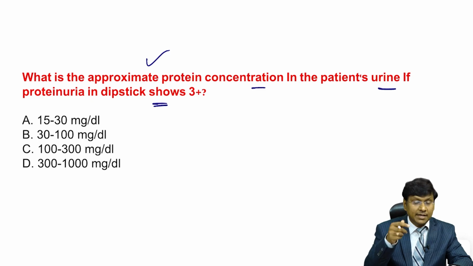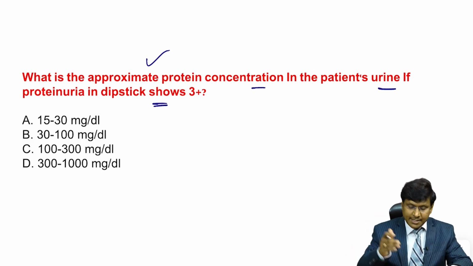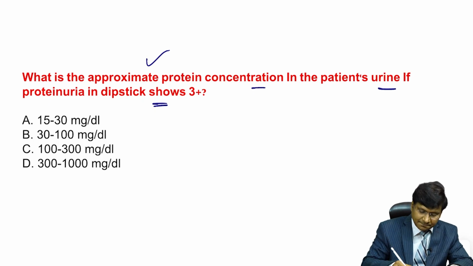So this urine dipstick test will give the evaluation of the protein as trace, 1+, 2+, 3+, and 4+. Now, when do we use the term trace?